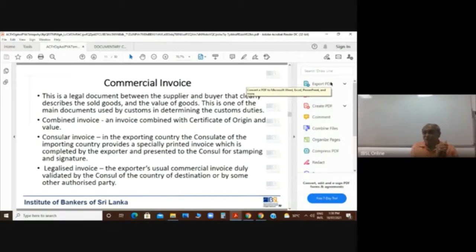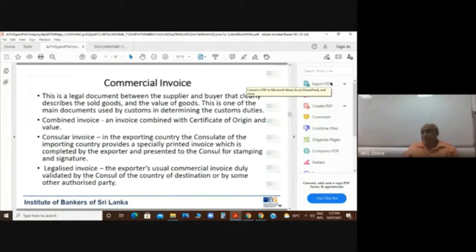The consular invoice is a specially prepared invoice, which the exporter has to fill and then present to the consul for stamping and signature.